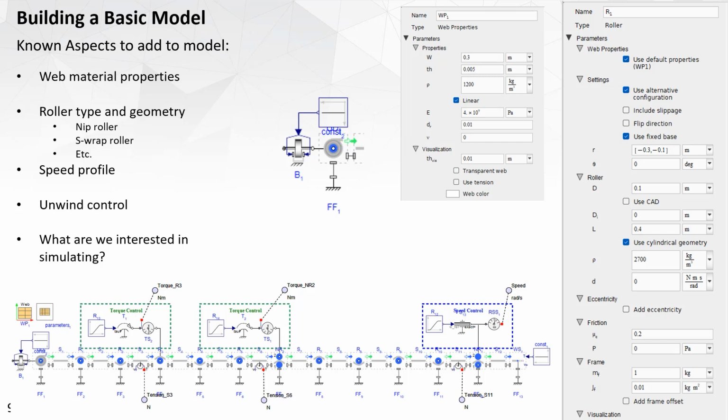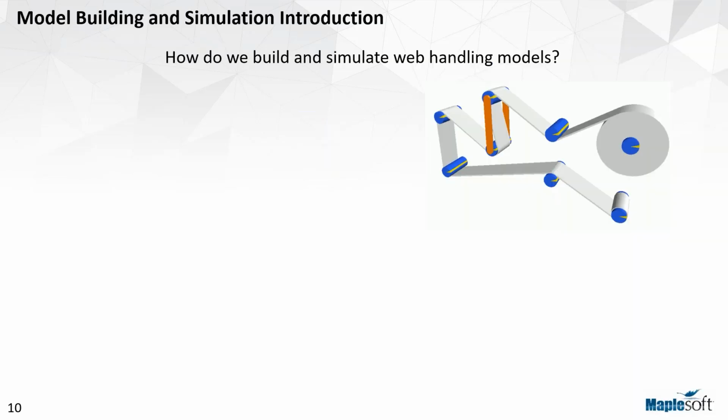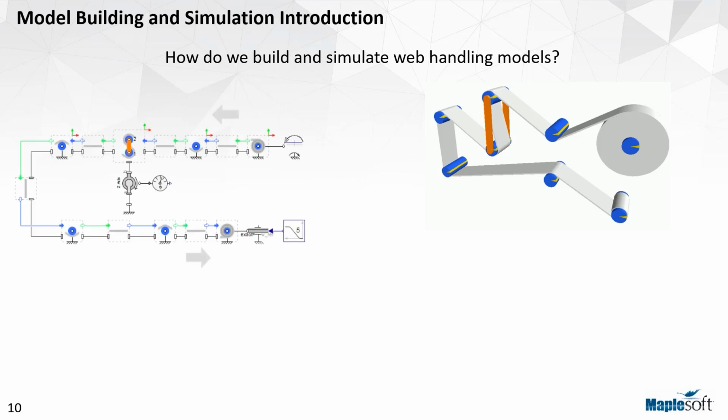I'm going to go through some basic building of a model. Before I do that, I just want to show you the model that I will be building. So you might have the question of how do we build and simulate web handling models? Well, like I mentioned, we have block diagrams that we use to build a schematic of the model that we're interested in.